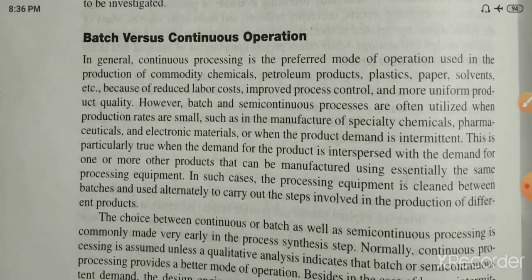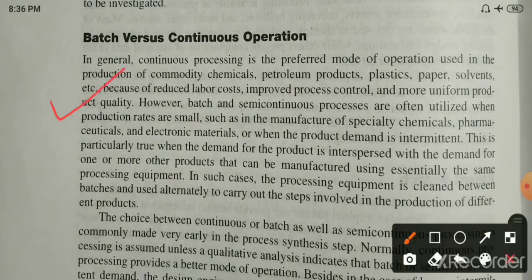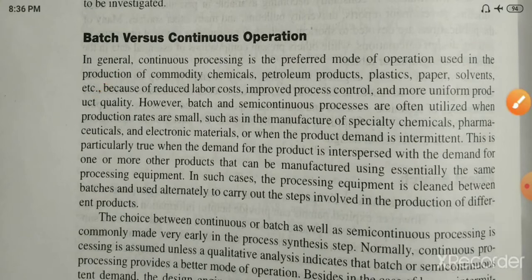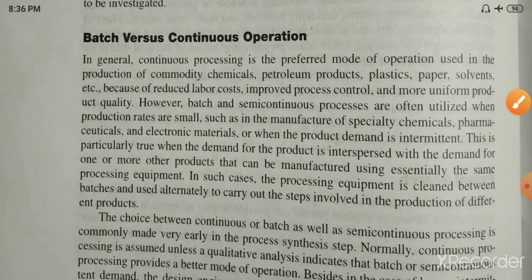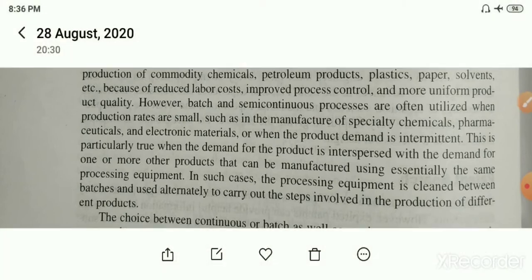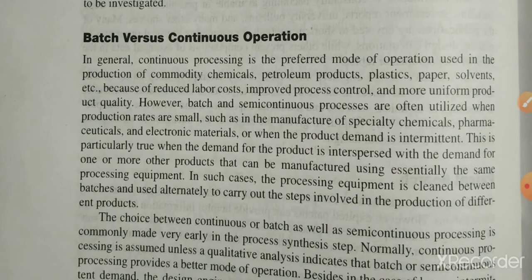Okay, on this basis, because of the reduced labor cost, improved process control and more uniform product quality, the quality will be better. Okay, however, batch and semi-continuous processes are often utilized when the production rate is small, such as in the manufacture of specialty chemicals, pharmaceutical and electronic materials, or when the product demand is intermittent.